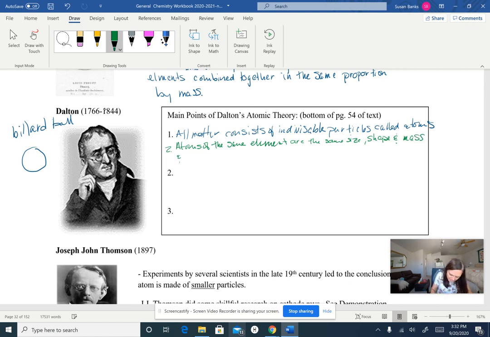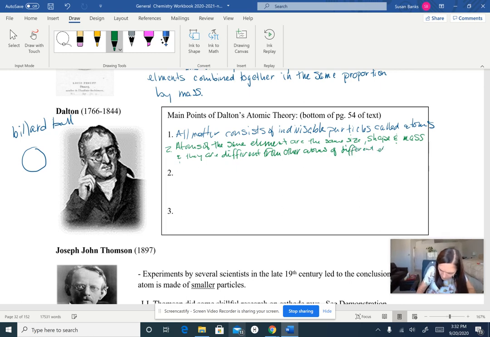And they are different from other atoms of different elements. So if I look at an atom that has the same mass as another atom, they have to be the same type of atom. If I have a different mass, it's going to be a different element. Okay, so I can tell by size and shape and mass what element I have.